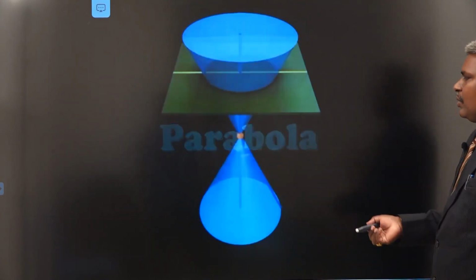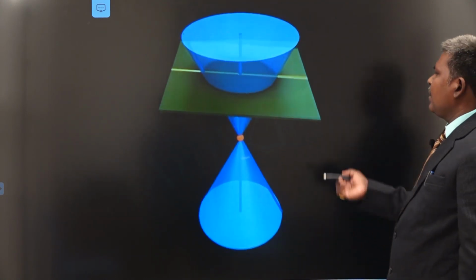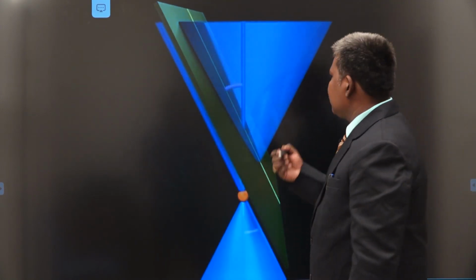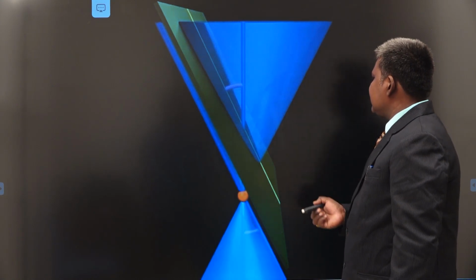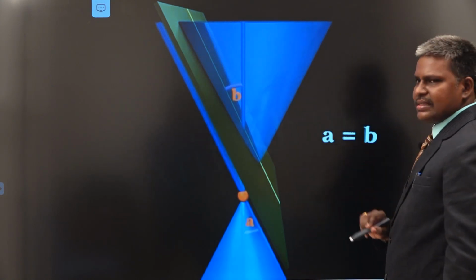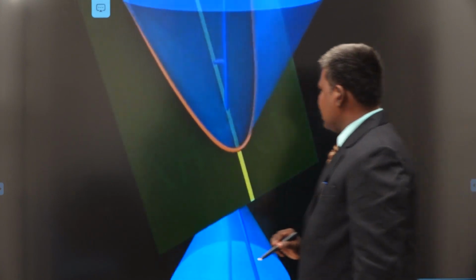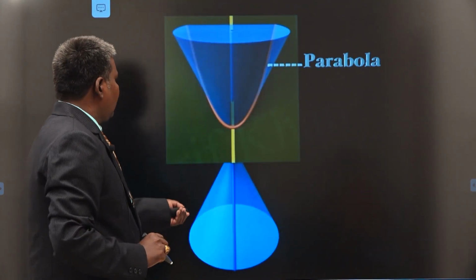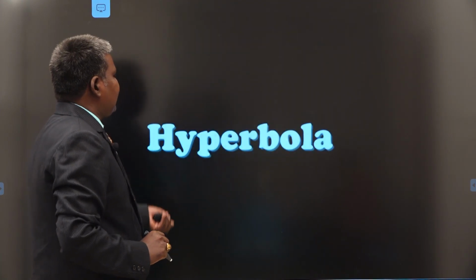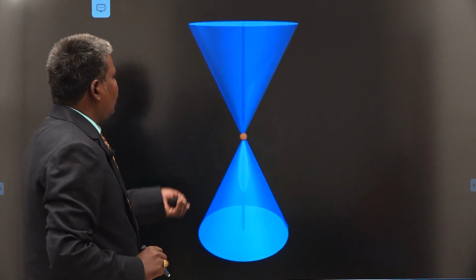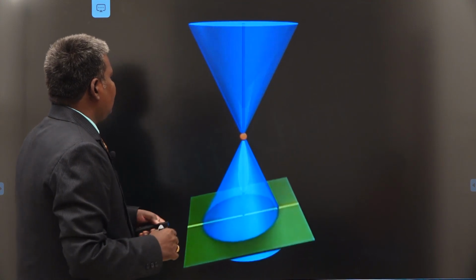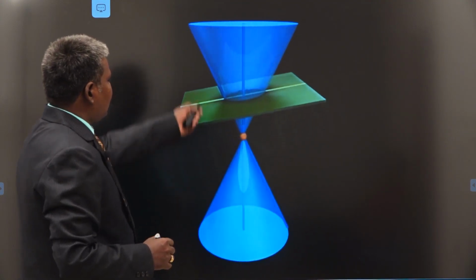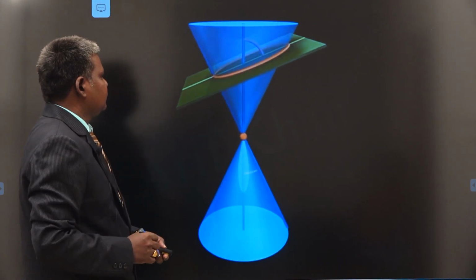Next, let us see the conic parabola. How to obtain a parabola? Angle A is equal to B. We obtain the parabola. Here, A is equal to B. Now, let us see the third case. When the angle made by the axis with our plane is less than the vertical angle, that is the vertex angle, from the ellipse we obtain the parabola as shown in this figure.